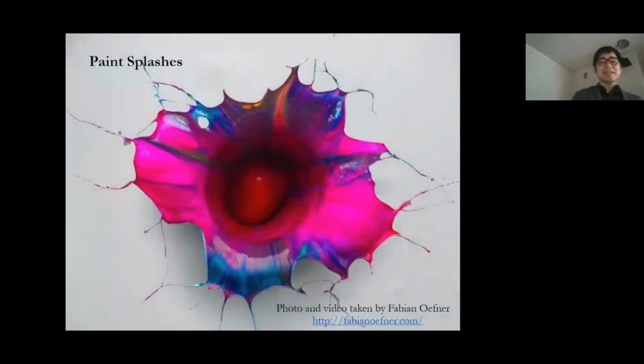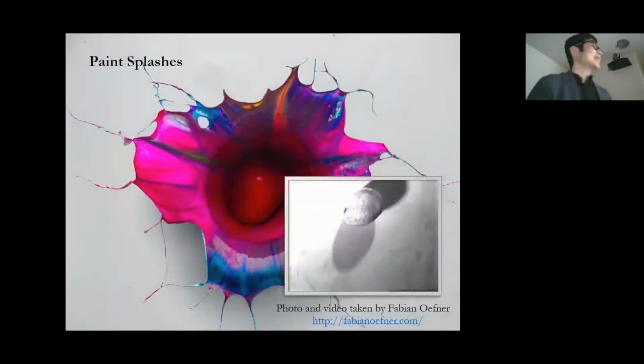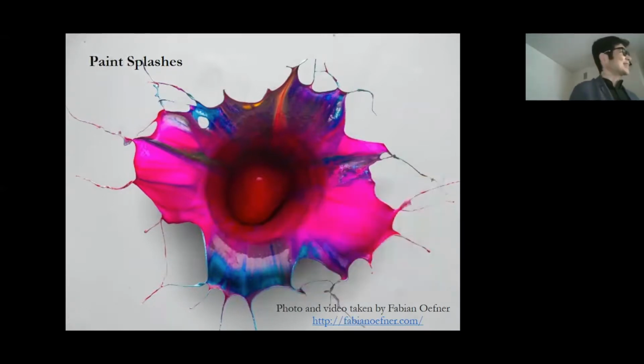And this is another example about fluid, about surface tension driven fluid. So we drop a rock into a multi-layer of paint. The video is not found, sorry, but well, this is just the picture.